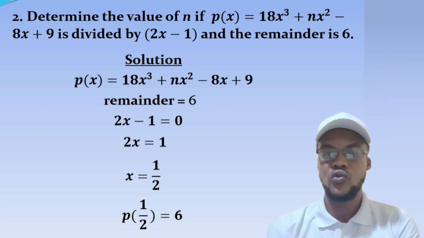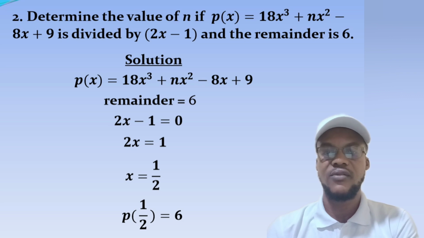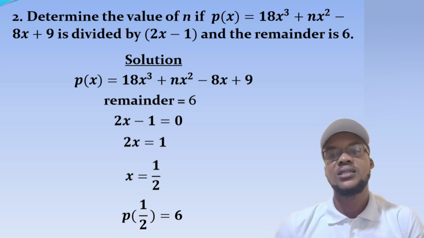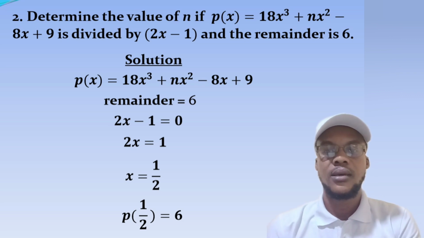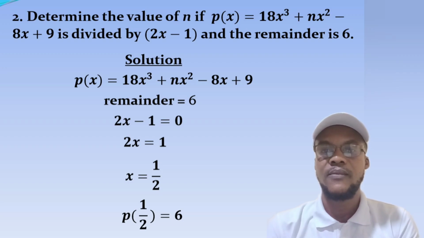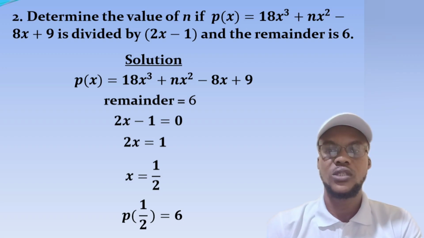You also know that we have been given the remainder. One thing you should understand is that whenever you find the zeros of the divisor, whatever value you get, when you substitute into the function, it gives you the remainder. That is what it is saying.